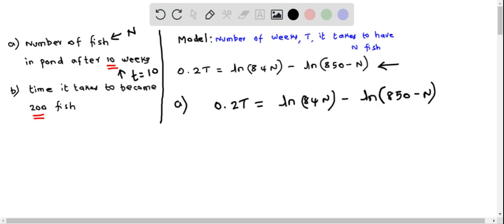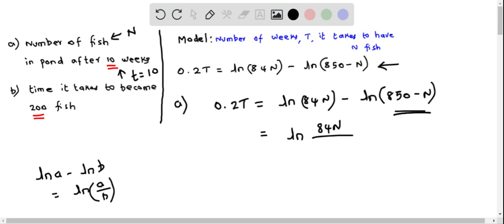First I'm going to apply the properties of logarithms: if we have log a minus log b, these two can be combined and written as the log of a over b, because the subtraction of two logarithms is equivalent to the logarithm of the quotient of a and b. In the same way, I take the natural logarithm of the first part, 84n, over the second part, 850 minus n. So this is my first step.